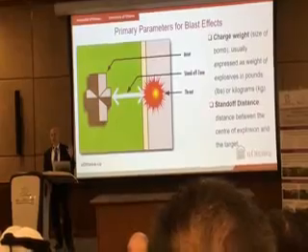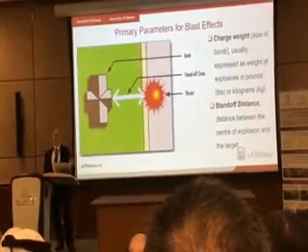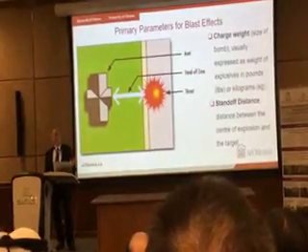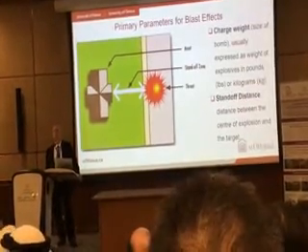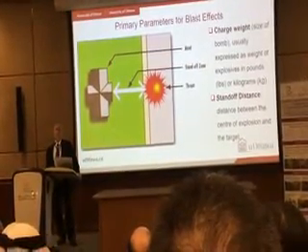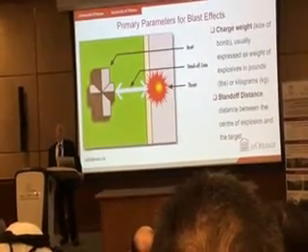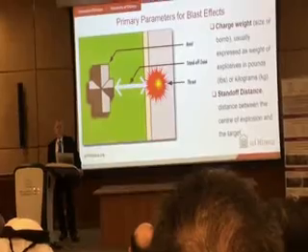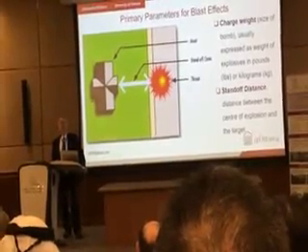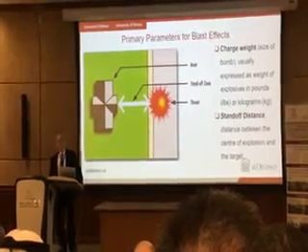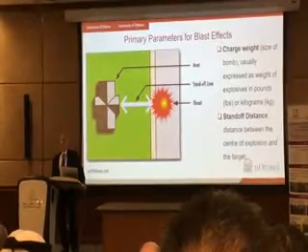Now, first of all, there are two primary parameters of a bomb attack. One of them is charge weight, which defines the size of the bomb. And we use TNT as equivalence of the bomb. So when we say 500 kilogram bomb, that means explosives having mass of 500 kilograms equivalent to TNT.